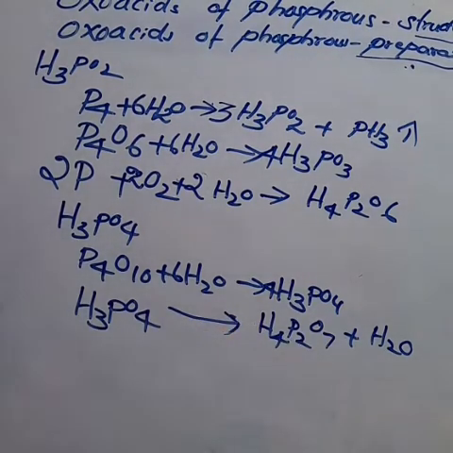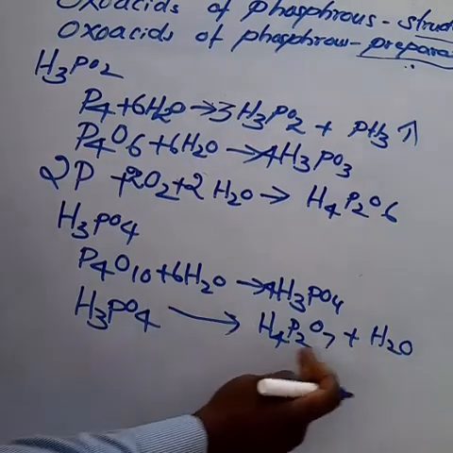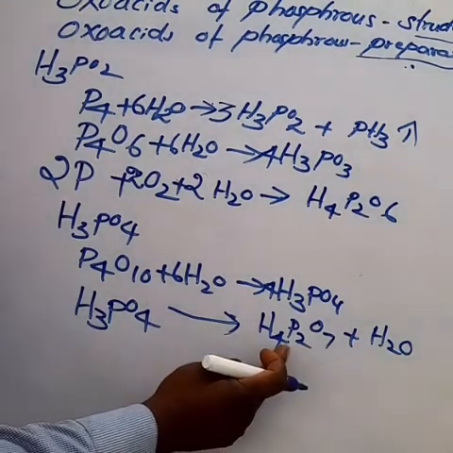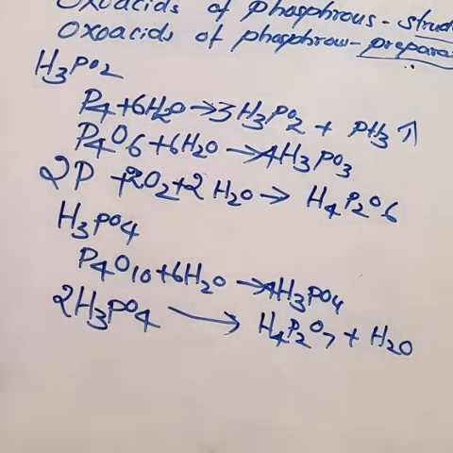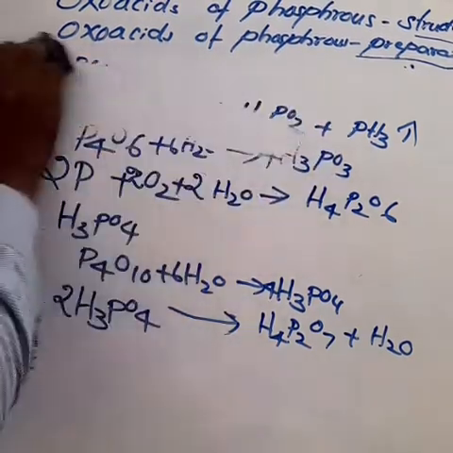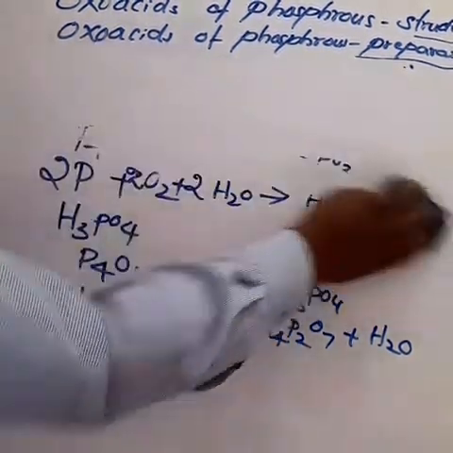Then how can you balance the equation? The product side has 6 hydrogen, so make the reactant side 2 multiplied by 2. Now the equation is balanced. Okay, these are some examples.